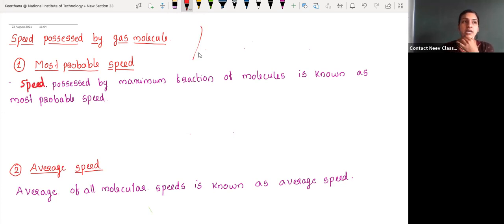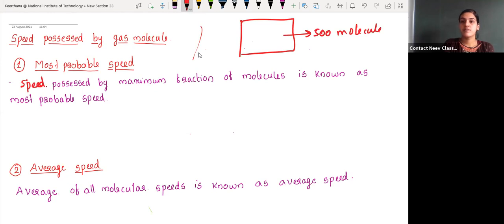So this is the speed possessed by a maximum fraction of molecules. If I'm taking a container, it has 500 molecules. So the most probable speed means most of the molecules will have some speed.